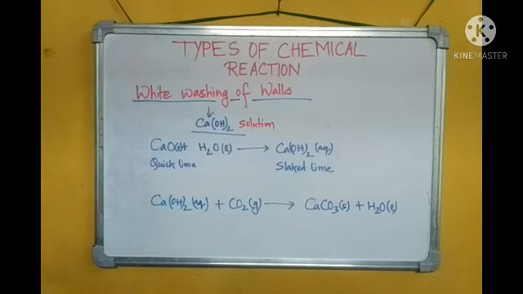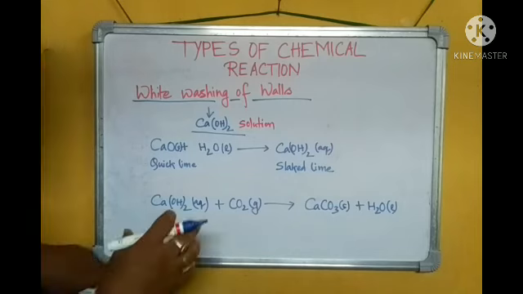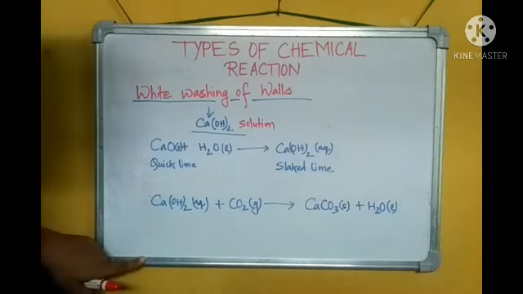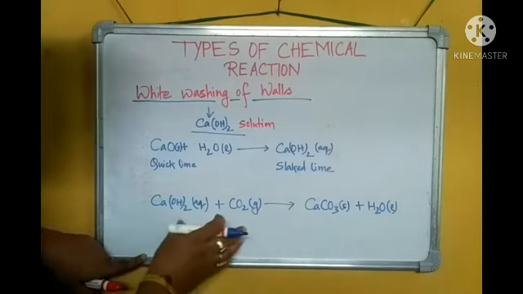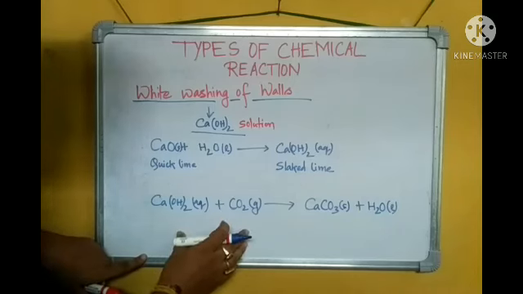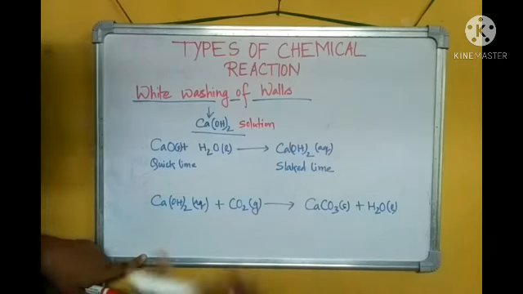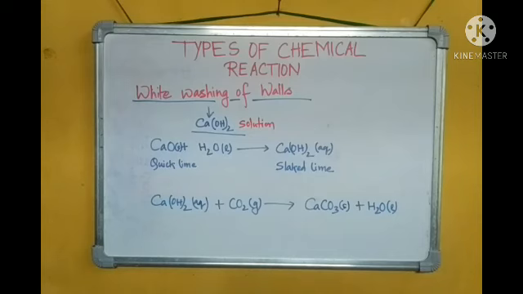Once the whole wall is whitewashed, we leave the wall to dry. After 2 to 3 days, we will see a white shiny surface on the wall. So after whitewashing the walls with calcium hydroxide solution, after 2 to 3 days, when you let it dry, we will see a white shiny surface on the walls.